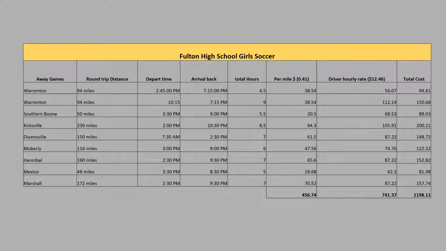So then once I was able to find the cost for all the away trips for the per mile cost and the driver hourly rate cost, I was able to find out the total cost. So the total cost for the cost per mile was $456.74 for all 9 away trips.